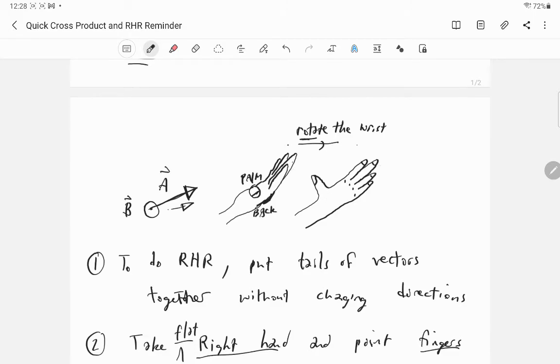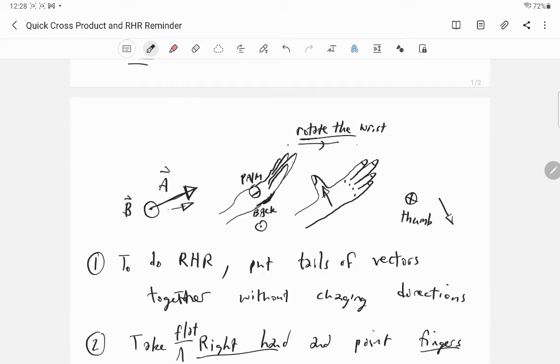But because you can rotate your wrist, your thumb can either point out, or your thumb can point up to the left, or your thumb can point inwards, or your thumb can point down to the right, can't it? So I'm talking about your thumb.